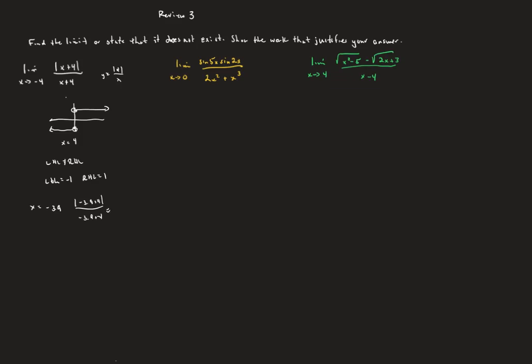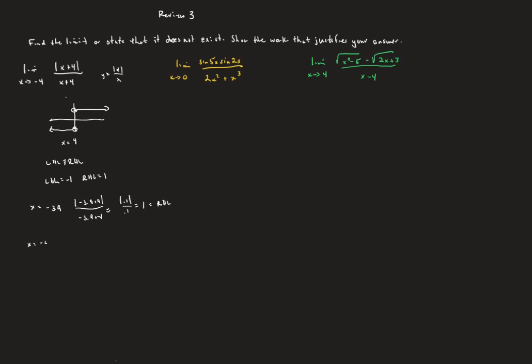And you could see then that you're going to get the absolute value of 0.1 over 0.1, so that's going to be equal to 1, and that's as you're coming in from the right. So that would be a right-hand limit, because -3.9 is to the right of -4.